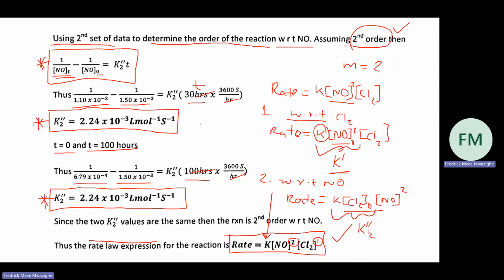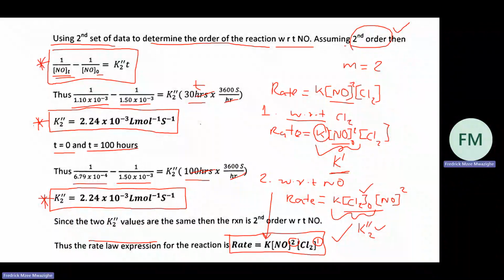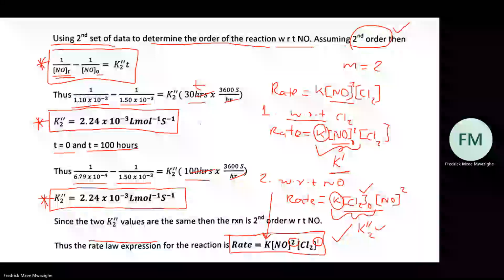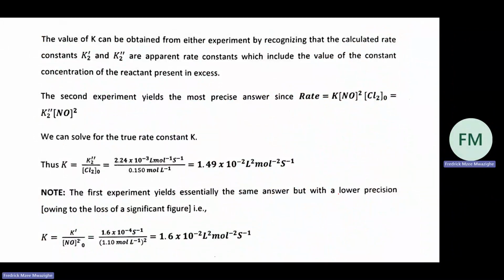So since we know the value of K2 double prime and we know the initial concentration of chlorine, we can find the value of K. So you see here that the two experiments can help us to determine the value of K, that is the rate constant.